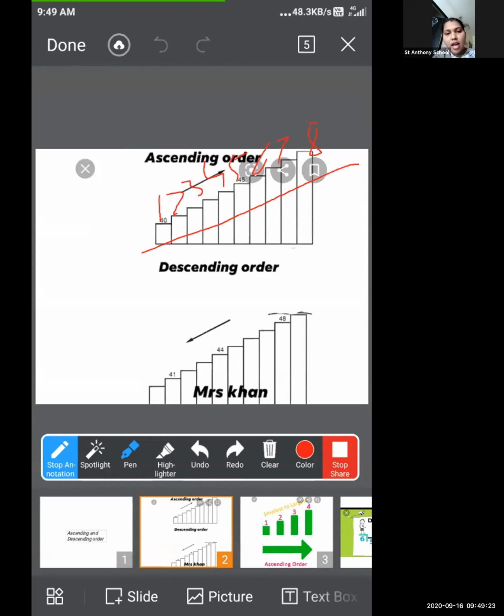See, if I'm writing these numbers in ascending order, how does it come? 1, 2, 3, 4, 5, 6, 7, 8, 9, 10. It's like a staircase.